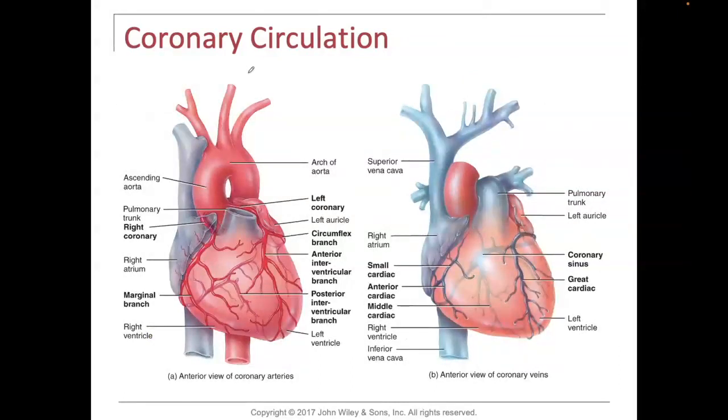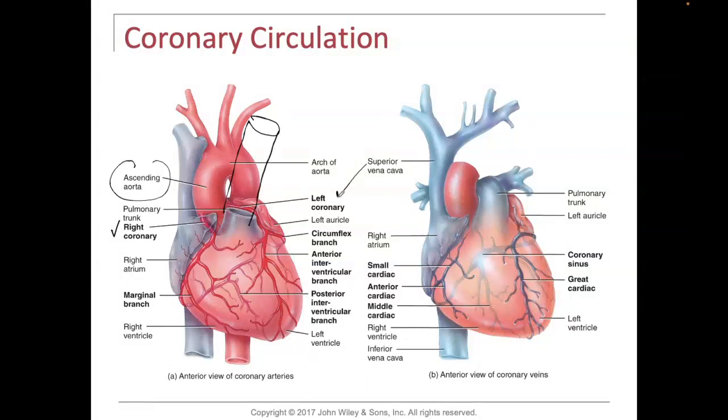Okay, so let's take a look where we can see on this side, we see the arterial side, and on this side, we see the venous side. So here's the ascending aorta. Here's the right coronary artery. And then right here, we can see the left coronary artery. Now remember, the pulmonary trunk would come up like this, right?